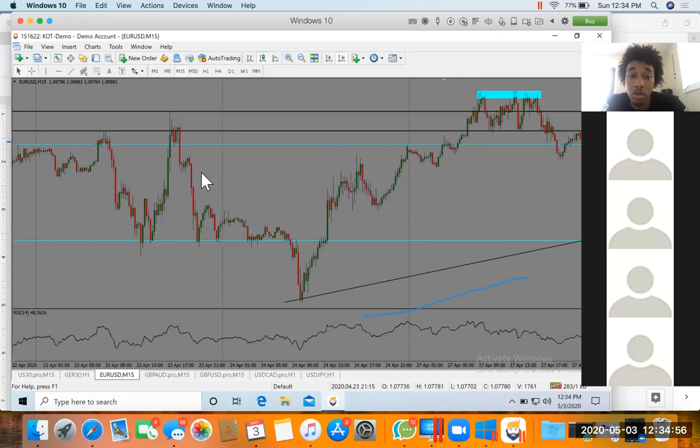Sometimes what I like to do, honestly, I just ride it out until the market breaks structure. So basically what that means is, for example, this one, this is a downtrend. Instead of coming out at 30 pips or $30, I'm going to come out when this breaks the trend line.